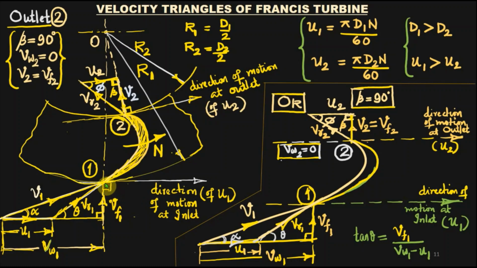So here the direction of motion of the vane at inlet, or direction of u1, is this one, and the direction of u2 is this one. That is the direction of tangential velocity of vane at outlet. And now we will complete the velocity triangle.